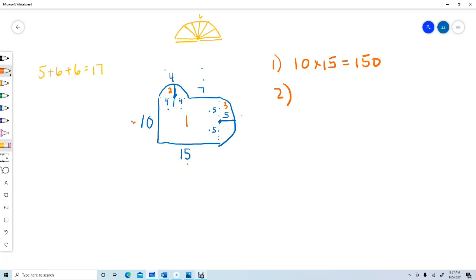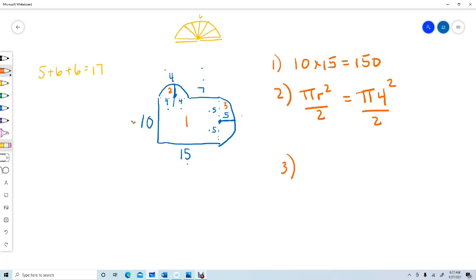My second area is a semicircle over there. And the area for a semicircle is pi r squared divided by 2. And that's pi, our radius is 4 squared divided by 2.